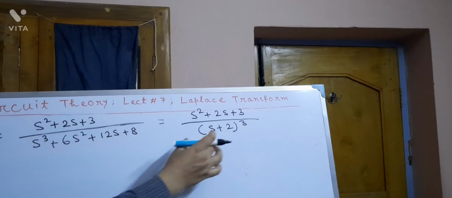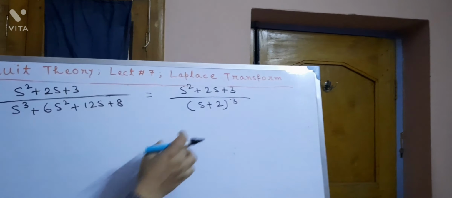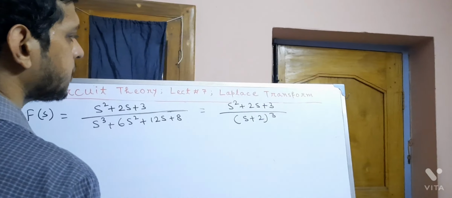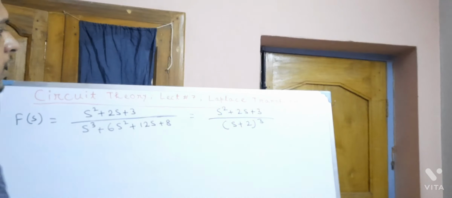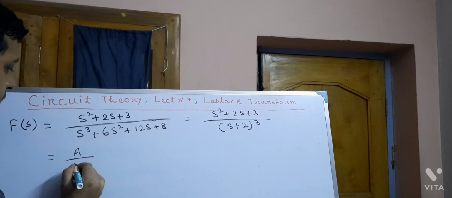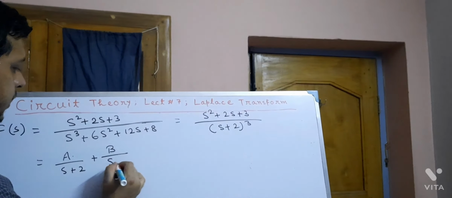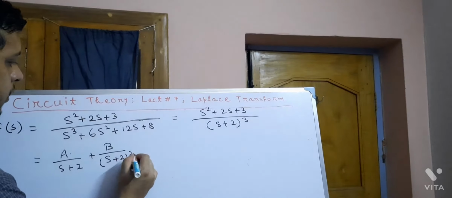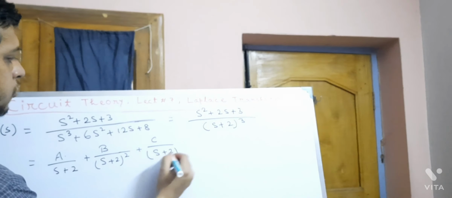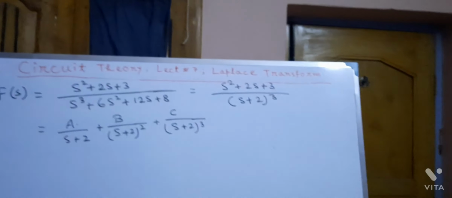So there is one repeated root, or (s plus 2) whole cube means (s plus 2) into (s plus 2) into (s plus 2). Now this can be written as A by (s plus 2) plus B by (s plus 2) square plus C by (s plus 2) cube. This is by virtue of the partial fraction.